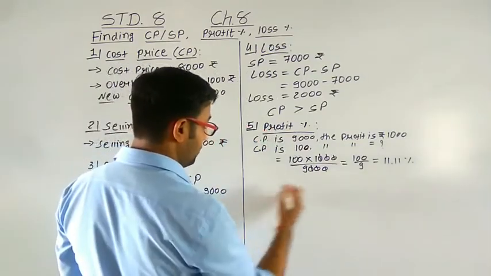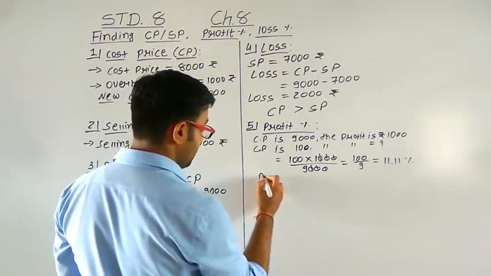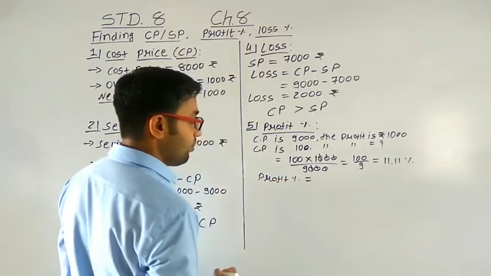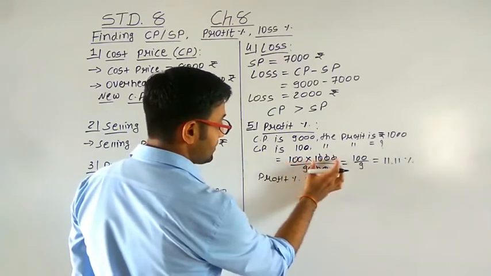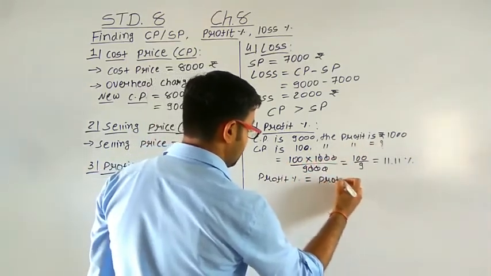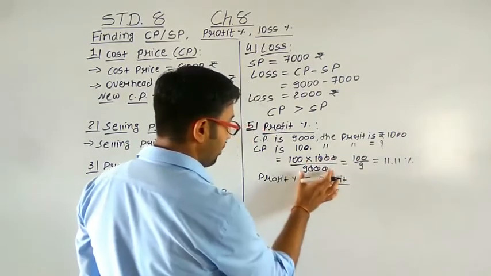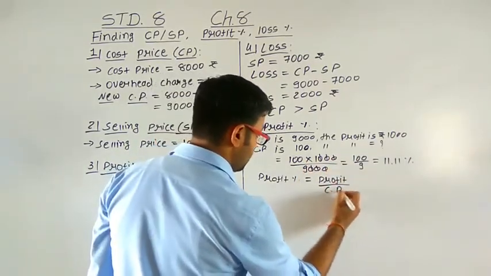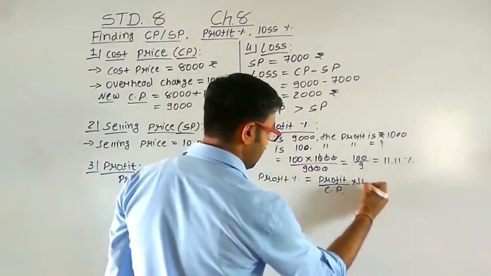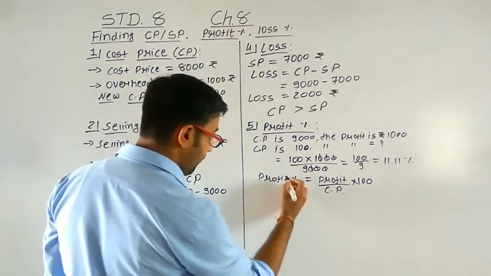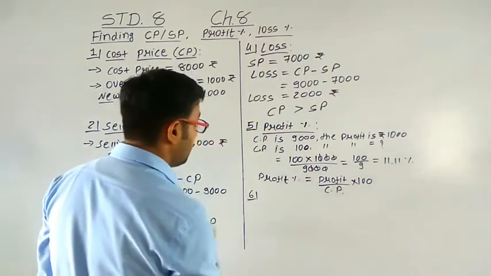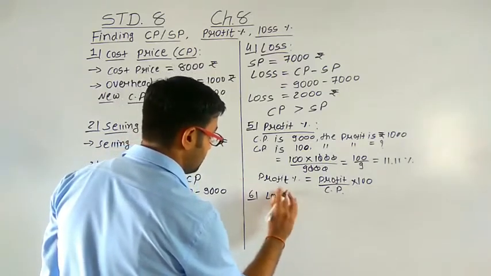Okay, we can write down the formula of profit percentage. Profit percentage is equal to profit, which here is 1000, divided by the cost price, multiplied by 100. So this is the formula to find out the profit percentage.